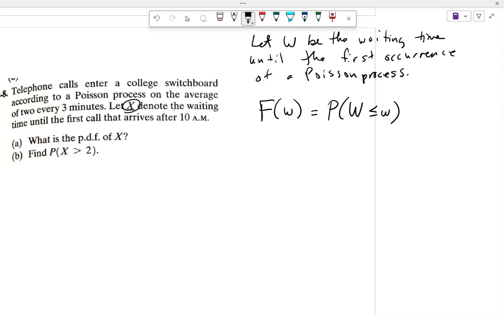So again, it's the waiting time until the first occurrence. Well, I could have one occurrence up until that time. I could have two occurrences up until that time. I could have 3, 4, 5. That's hard, right? At least I think that's hard, right? So let's convert it to the complement statement.